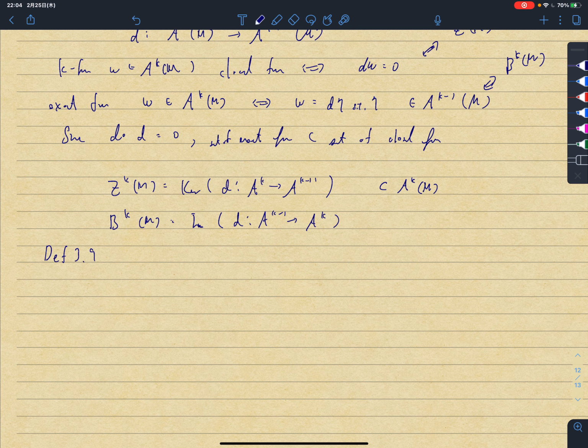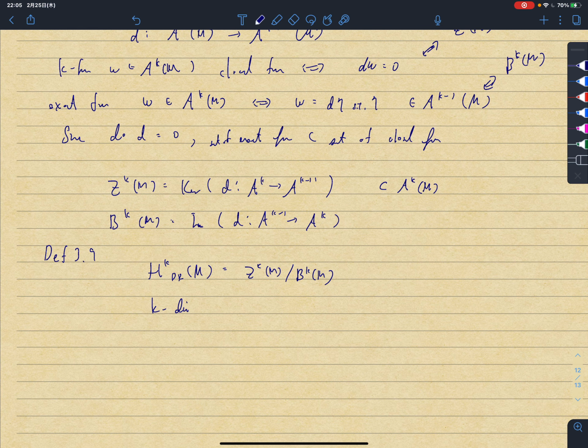The quotient space H^k_dR(M), where the suffix dR stands for de Rham, the abbreviation of the name de Rham, is Z^k(M) the space of closed k-forms on M, quotient by B^k(M) the space of exact k-forms. It is called the k-dimensional de Rham cohomology group.